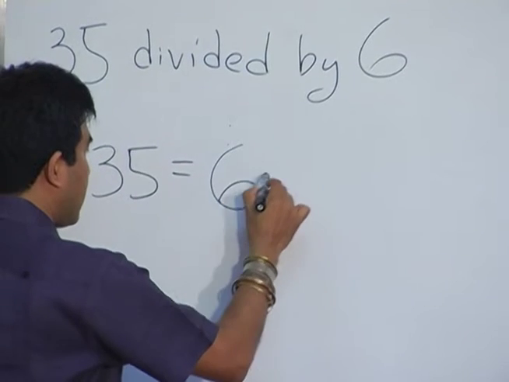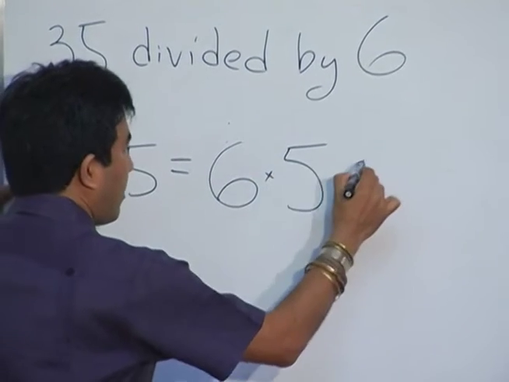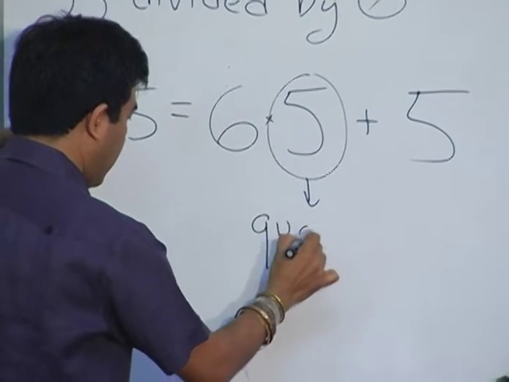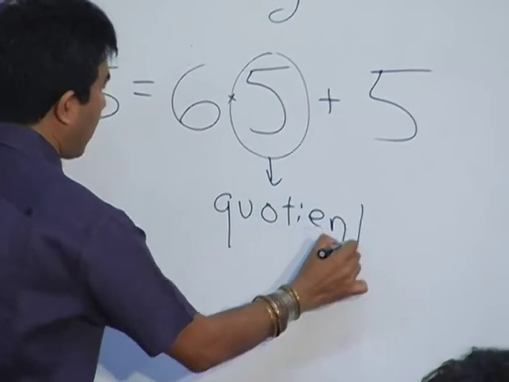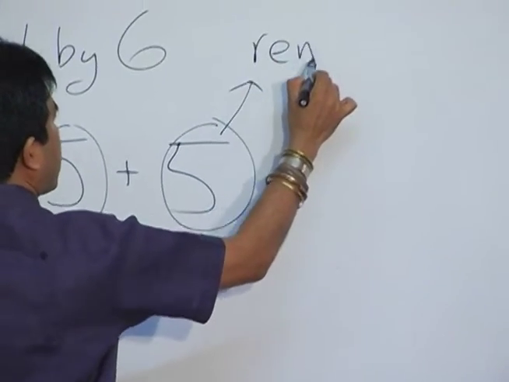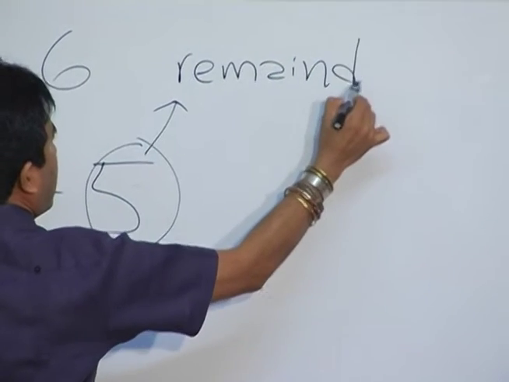So 35 is 6 times 5 plus 5. This 5 is what we call the quotient, and this last 5 is what we call the remainder.